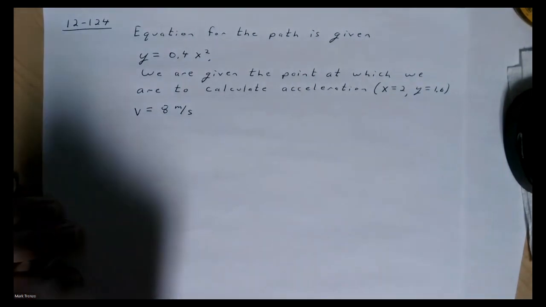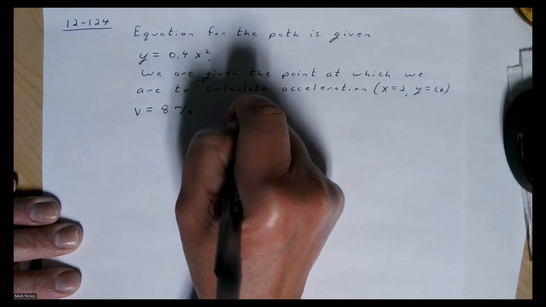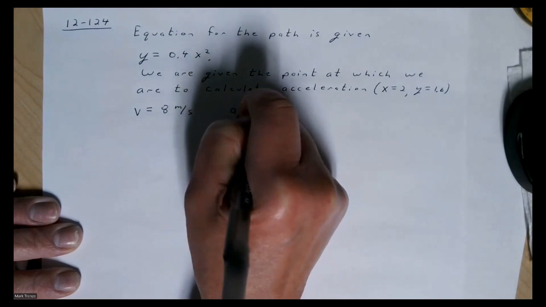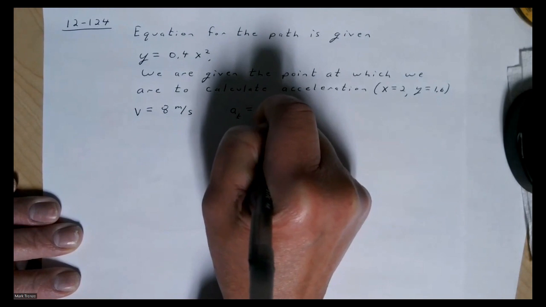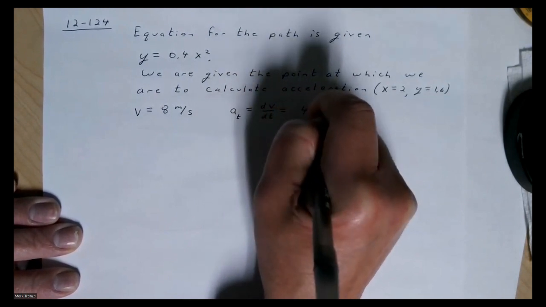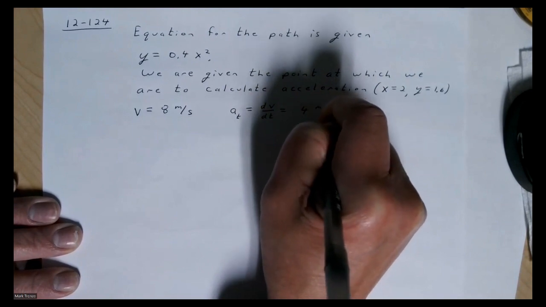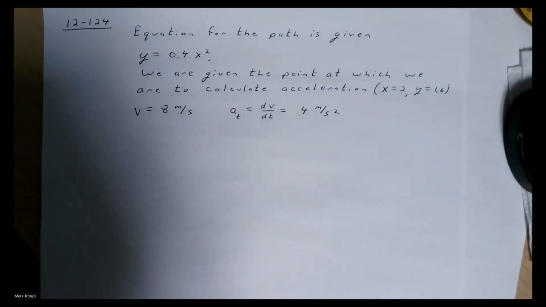And we're also given the acceleration because remember, dv/dt is the acceleration, and that would, of course, be the tangential acceleration. So dv/dt is equal to 4 meters per second squared. So we have a lot of the information already given.